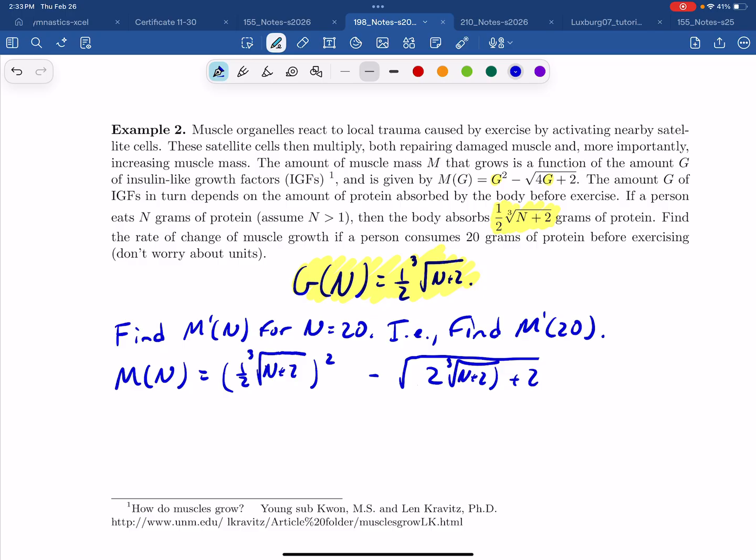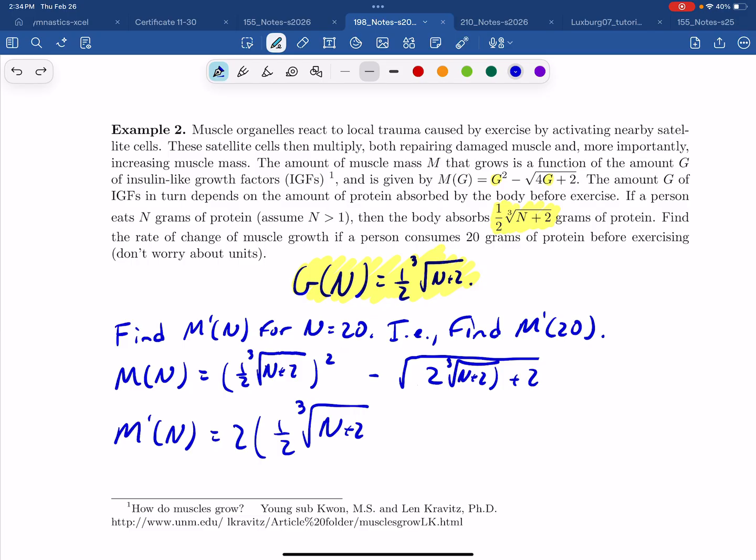Okay? So m prime of n, using the chain rule, is going to give us 2 times 1/2 cube root of n plus 2, because you see that this is the outer and this is the inner.